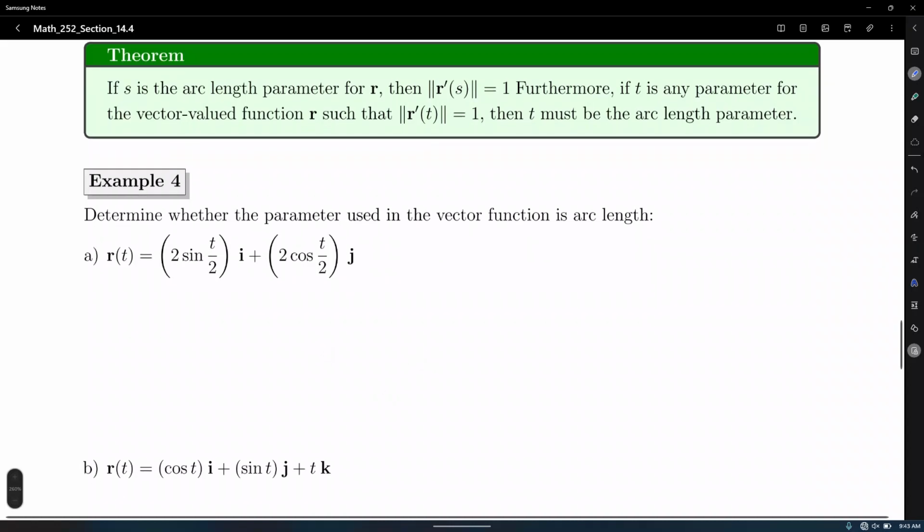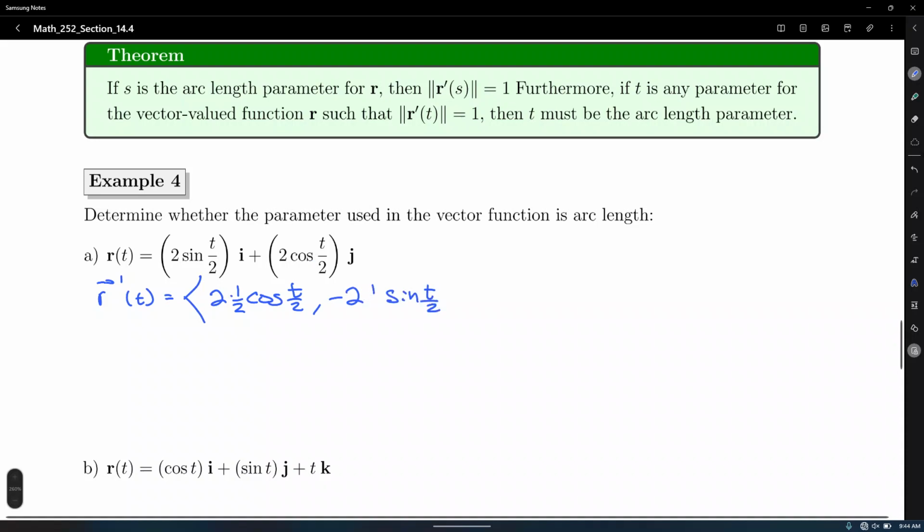All right? So number 1, let's find the derivative R prime of T. That is the derivative of sine, which is cosine, that is 2 times cosine of T over 2. But I'm leaving a space for a mini chain rule, the derivative of T over 2, which is 1/2, comma, the derivative of cosine, that's negative 2 sine of T over 2.